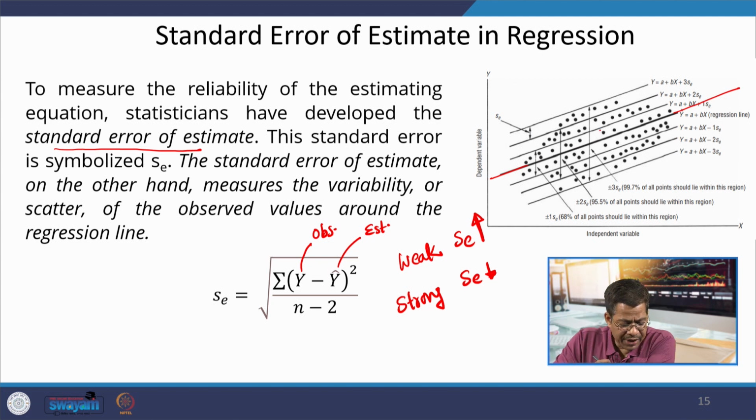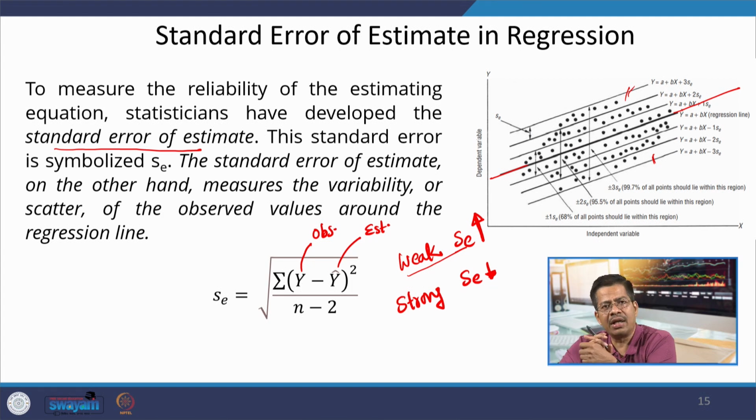Now, if our relation is weak, if standard error of estimation is high, there will be a lot of scattering of data around the line of regression. They may be scattered very far also. And if we have a strong relation, most of the data will be clustered around the line of regression. You will have a better prediction with your regression equation.